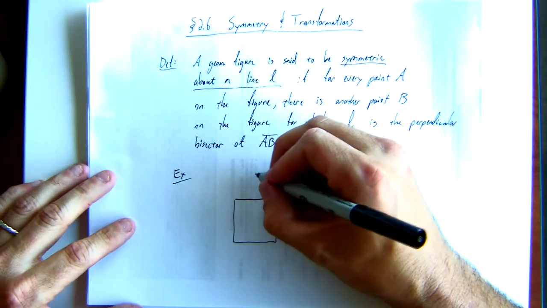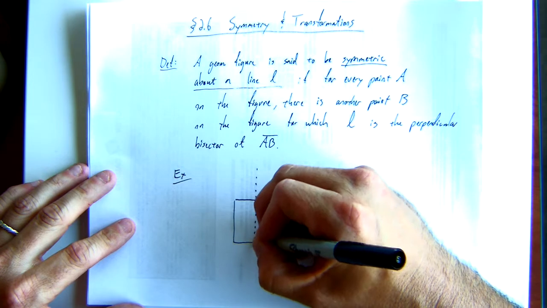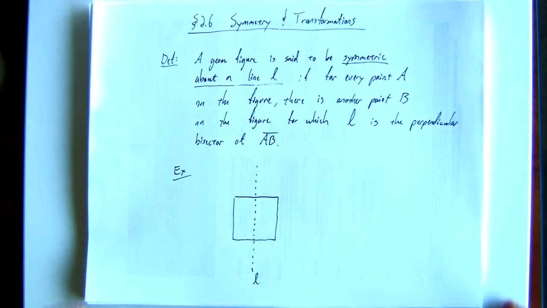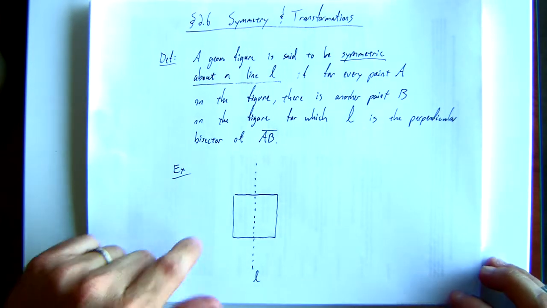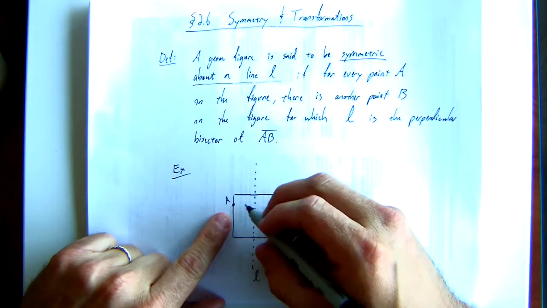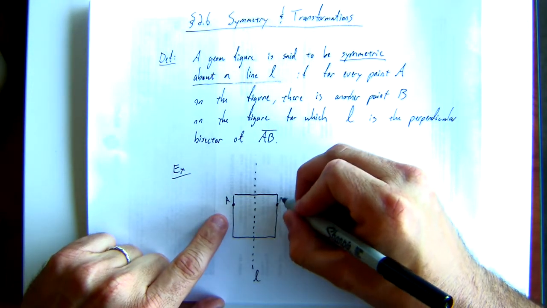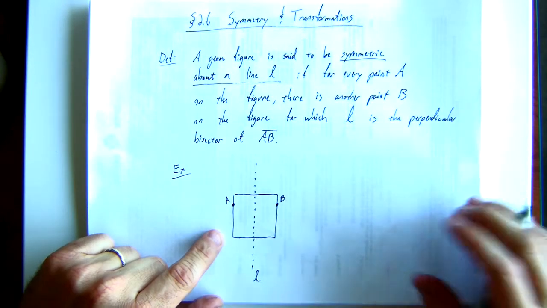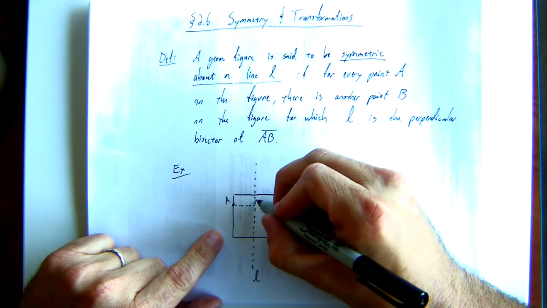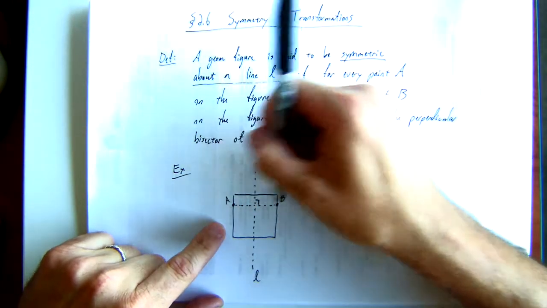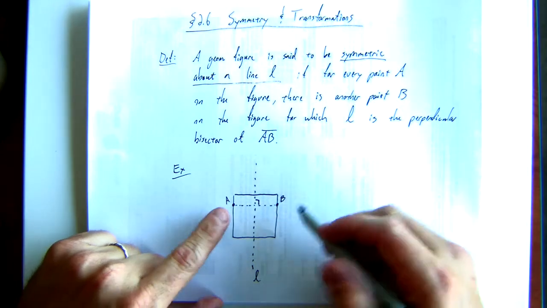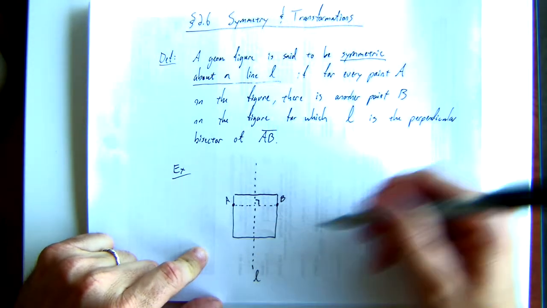Now if I draw a line L through here, there's my line L, right through the middle, and if I pick this point A, then there's this other point over here, B. And notice that for the line segment AB, line L is perpendicular to that line, and it also bisects that line segment AB. And this is true for any point that I choose on this square.